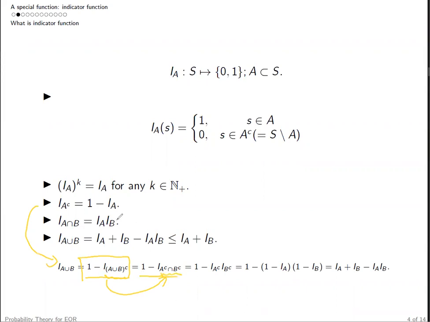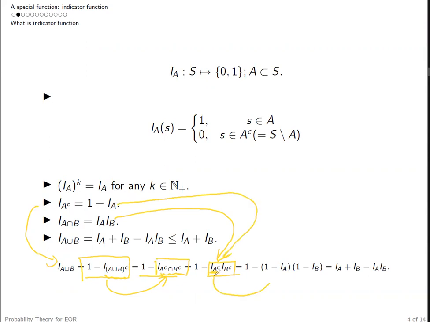Now if we apply the third property, we know I given the joint set is the product of the indicator functions of individual sets, right? It's going to be I_{A^c} times I_{B^c}. Let's apply the second property to I_{A^c} again.